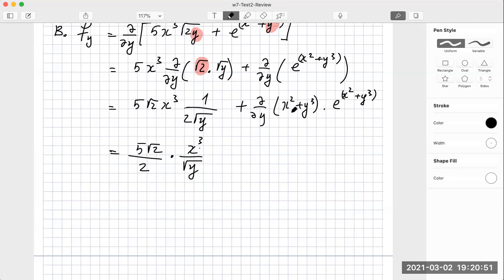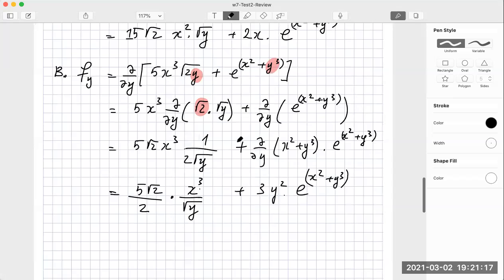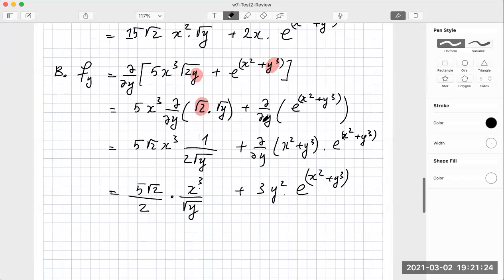And for this guy, the derivative with respect to y, x squared gives 0, and the derivative of y cubed with respect to y gives 3y squared, times e to the x squared plus y cubed. Yes, that's it. So we're done with the second problem. Double check it yourself, and let us continue.